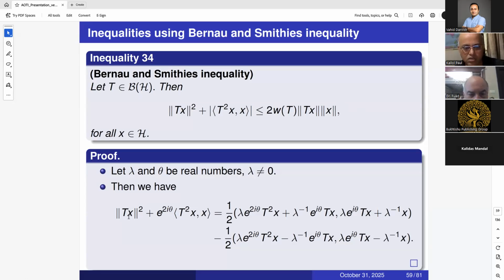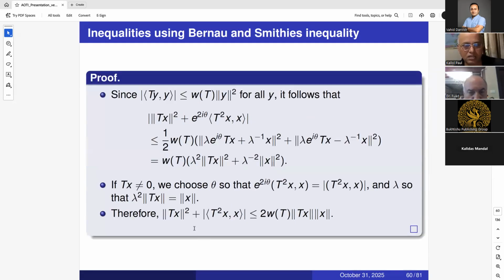If lambda and theta are real numbers, lambda is not equal to 0, then you look at this norm ‖Tx‖² plus ⟨e^{2iθ}T²x,x⟩ is equal to this. If you break it up and do this plus-minus business, you'll land on the left-hand side. From there, they have proved these results.